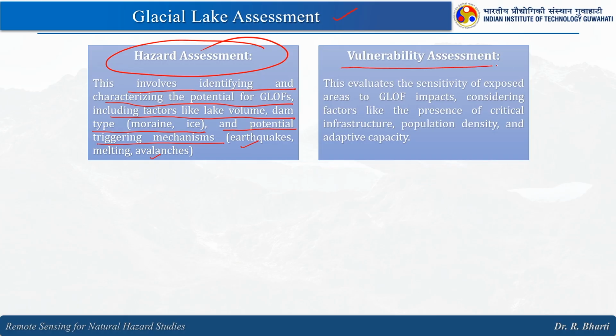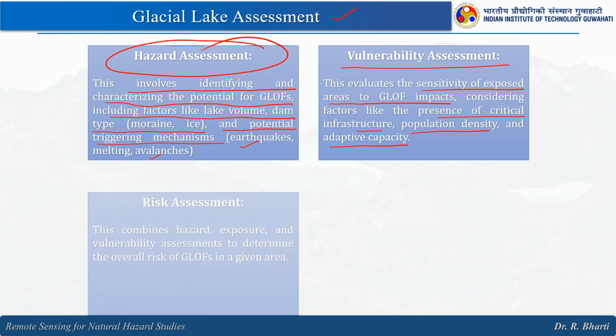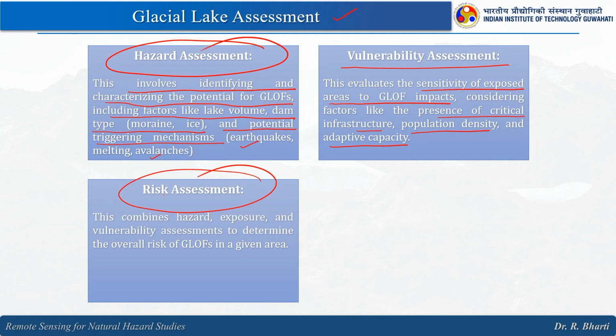Then we go for the vulnerability assessment. This evaluates the sensitivity of exposed area to GLOF impacts, considering factors like the presence of critical infrastructure, population density and adaptive capacity. Then comes the risk assessment.